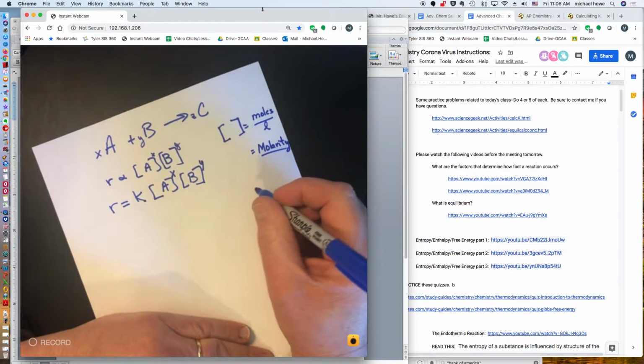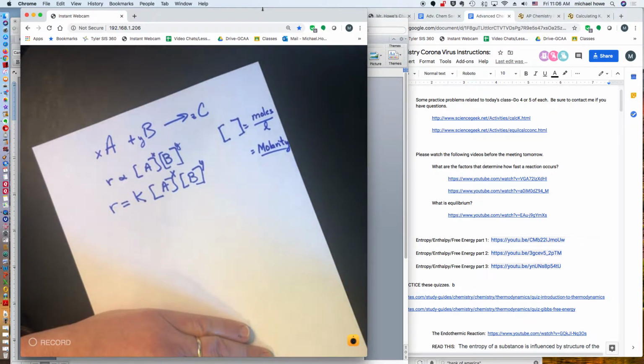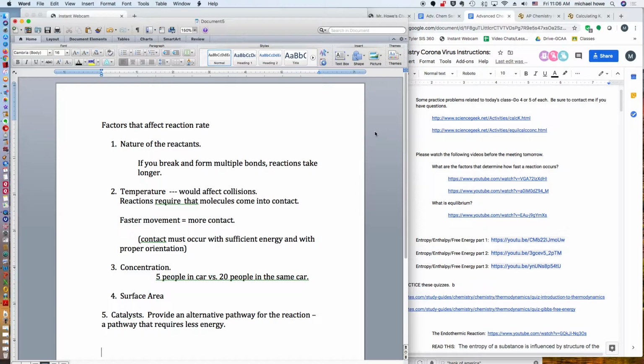So looking at the factors that affect rates we've talked about, the nature of the reactants, temperature, concentration, surface area, and catalyst. It turns out that the most important of those factors is concentration.